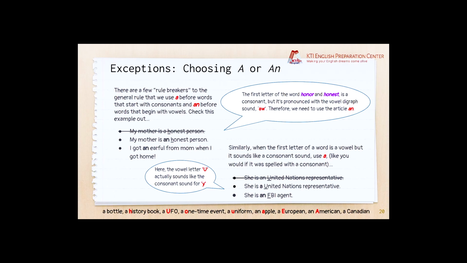That vowel U in that acronym is saying the consonant Y sound. A one-time event. One starts with the vowel O, but the sound you hear in that word is the consonant W sound. A one-time event. Same thing: a uniform, an apple, a European, an American, a Canadian.